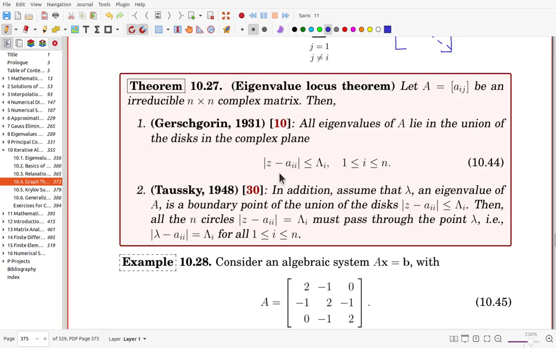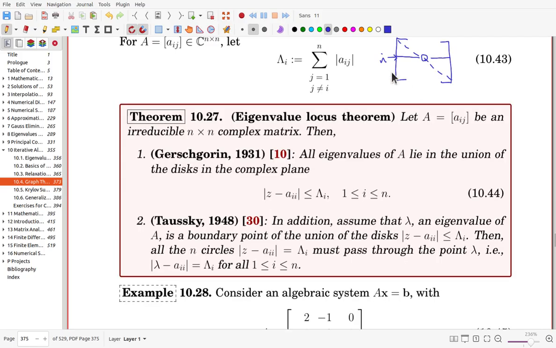Each disk is centered at A_ii with radius Lambda i, the sum of the off-diagonal entries in modulus. So each row makes a disk, and the union of these disks is where eigenvalues can be.